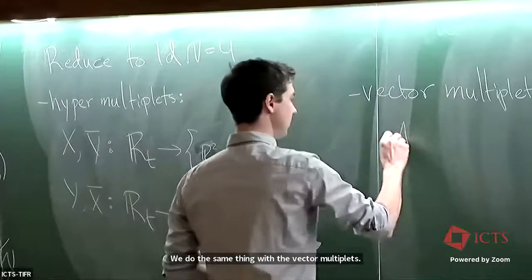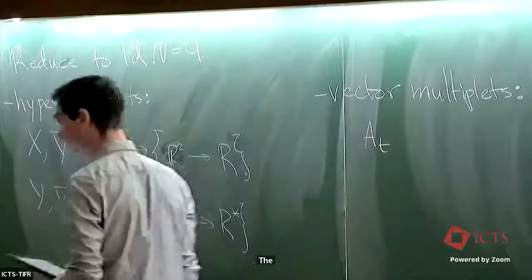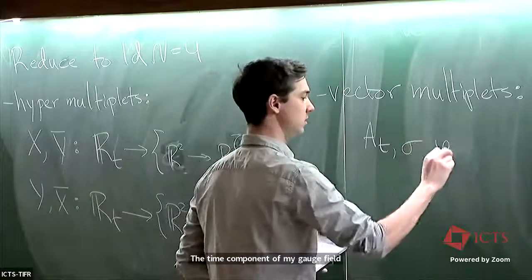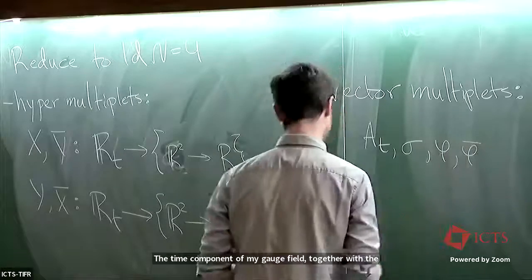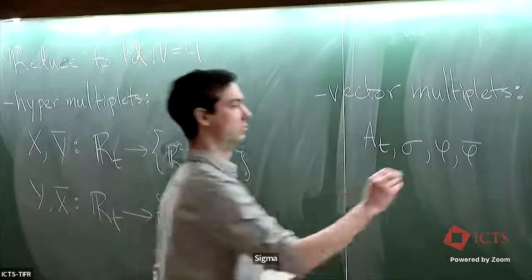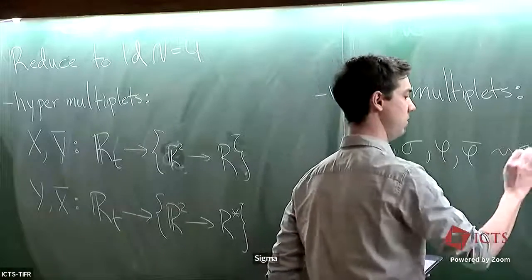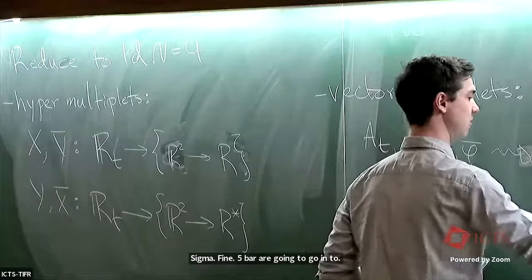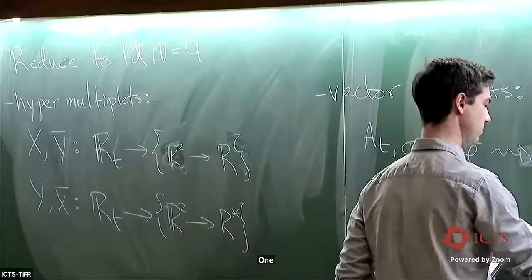The time component of my gauge field, together with the scalar fields sigma, phi, and phi bar, are going to go into a 1D n equals 4 vector multiplet.